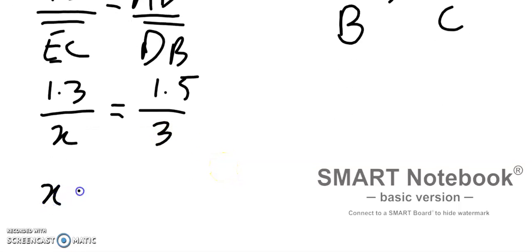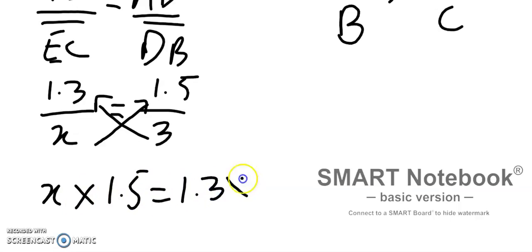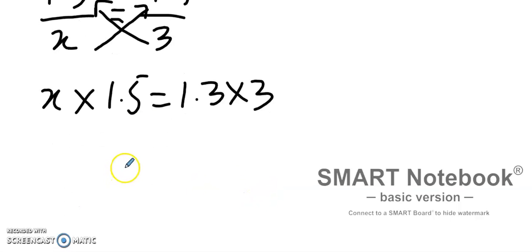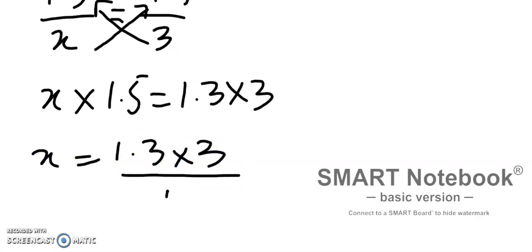So for X, I am going to arrange my equation 1.5 by 3. I need to multiply 3 with 1.3 and X with 1.5. So you can write it as X multiplied by 1.5 is equal to 1.3 multiplied by 3, and X should be equal to 1.3 multiplied by 3 divided by 1.5.